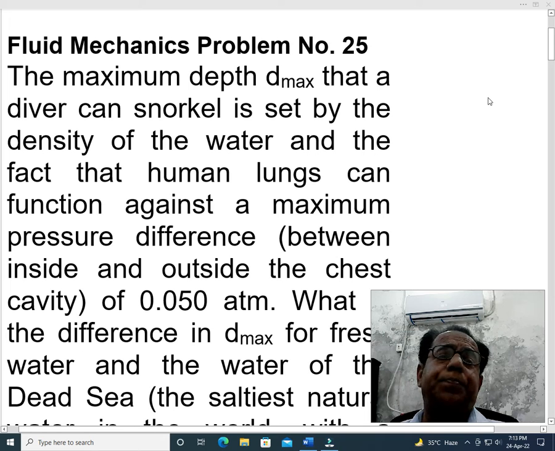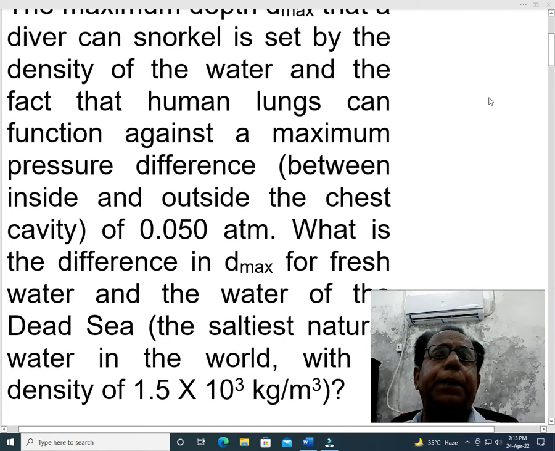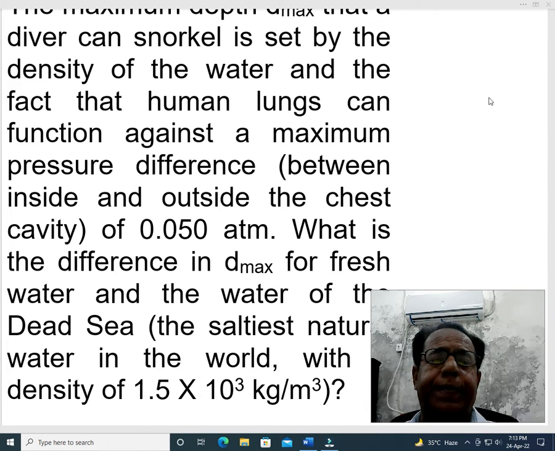For our better understanding, we read the statement once again. The maximum depth D max that a diver can snorkel is set by the density of the water and the fact that human lungs can function against a maximum pressure difference between inside and outside the chest cavity of 0.050 atm, that is atmospheric pressure.